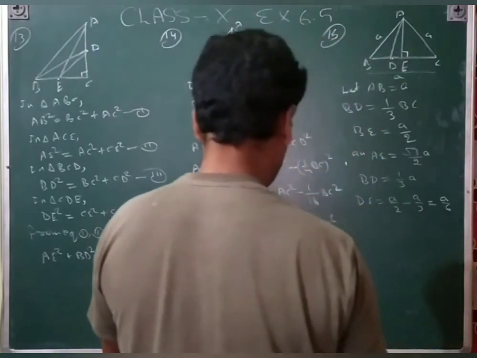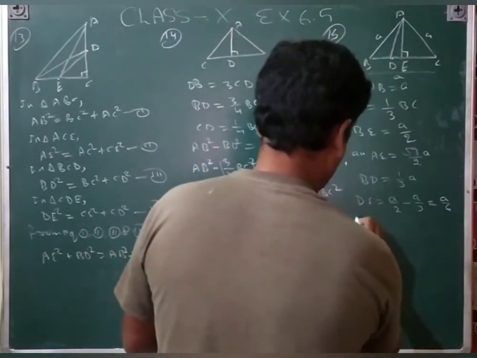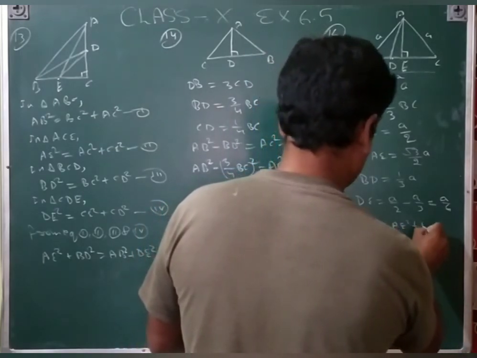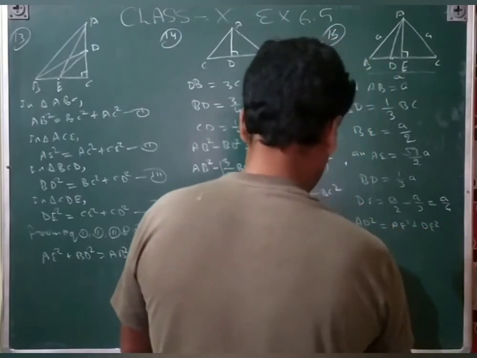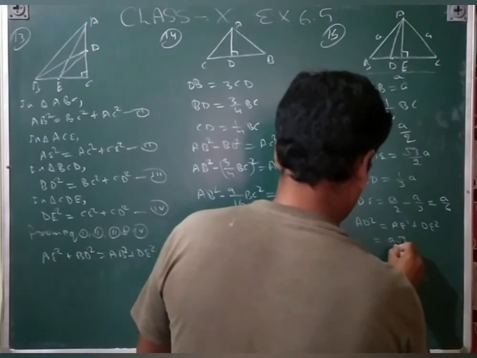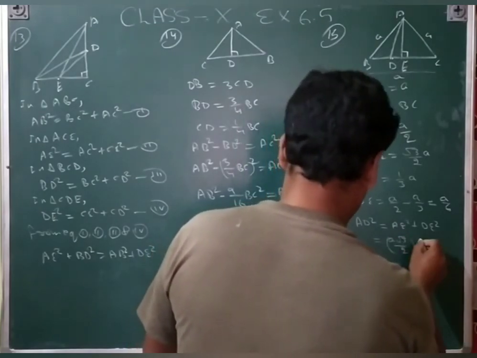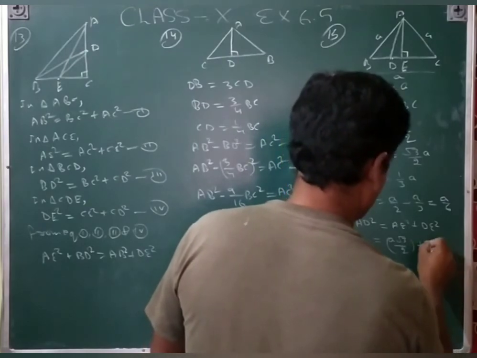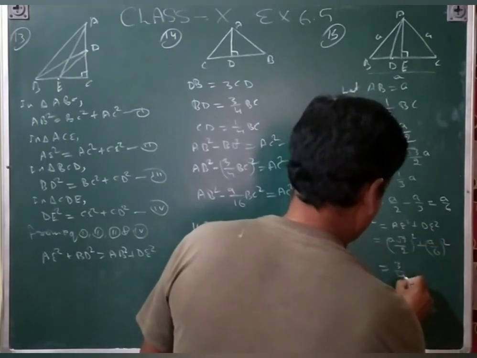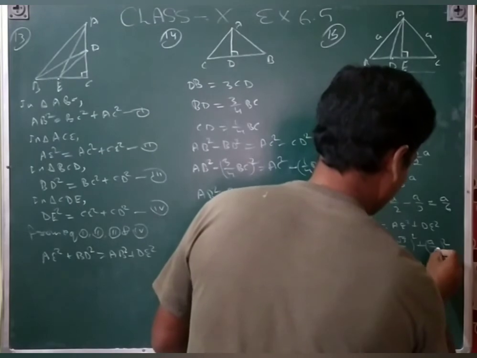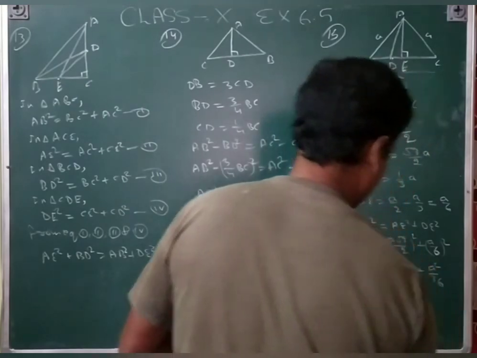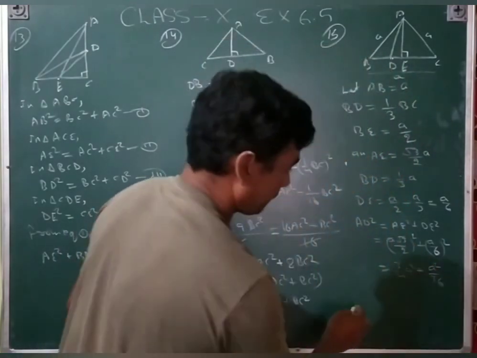So AD square is equal to AE square plus DE square, which is A under root 3 upon 2 square plus A upon 6 square. That will be 3 upon 4 A square plus A square upon 36.